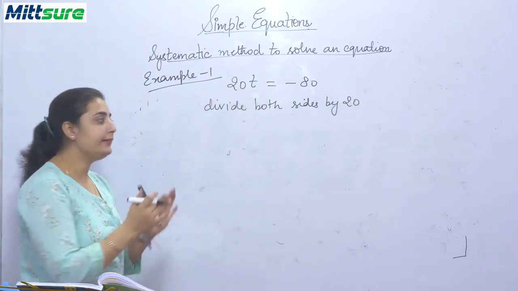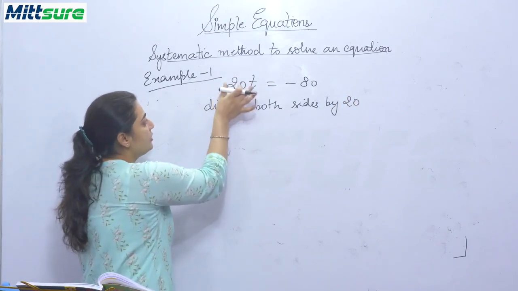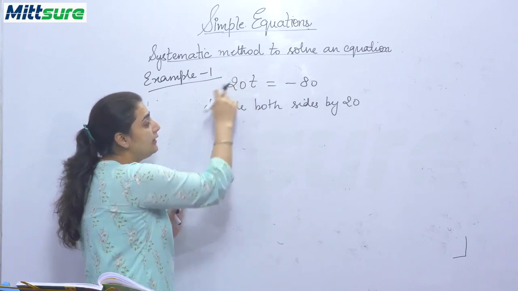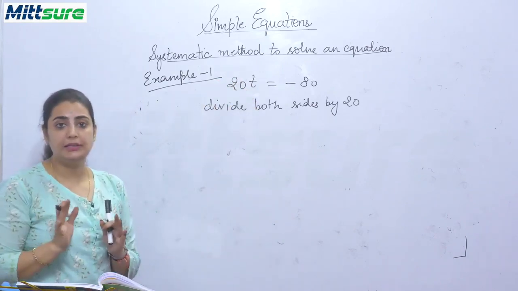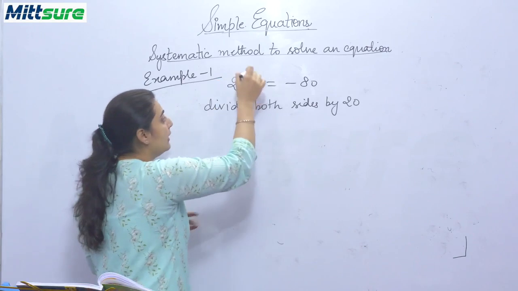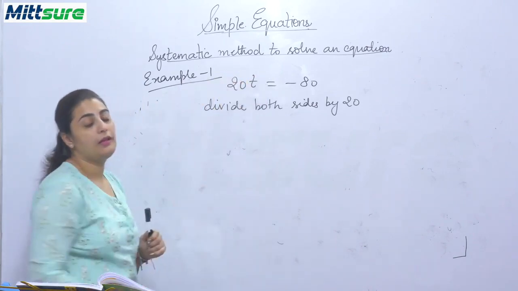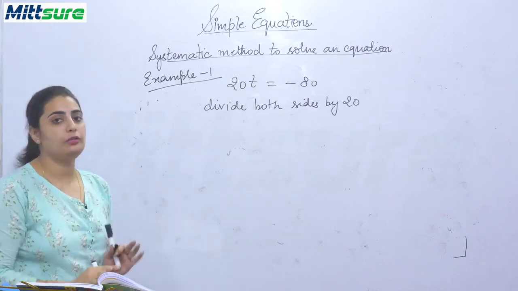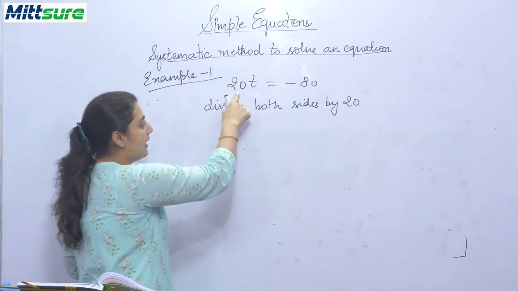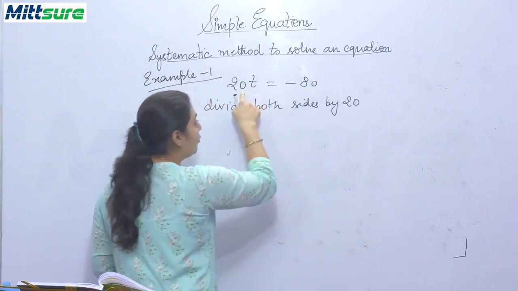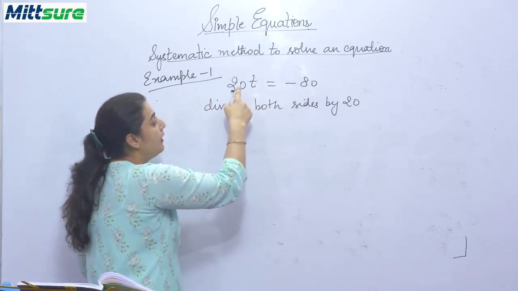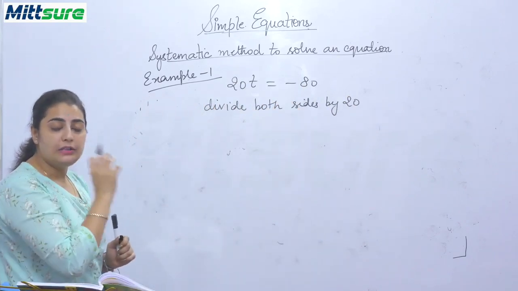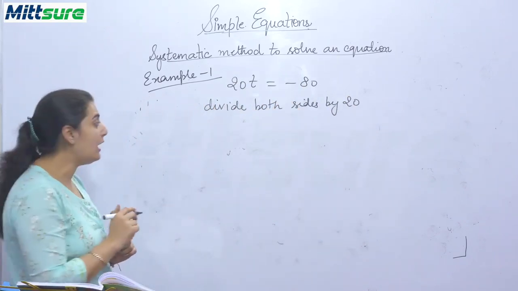I want whatever numerical coefficient is present with the t to get removed completely, so that I get t only. Because once I get t at the left hand side, that means I've got the value of that particular variable. Depending upon whatever numerical coefficient is there, I will choose the number with which I will be dividing both the sides of the equation.